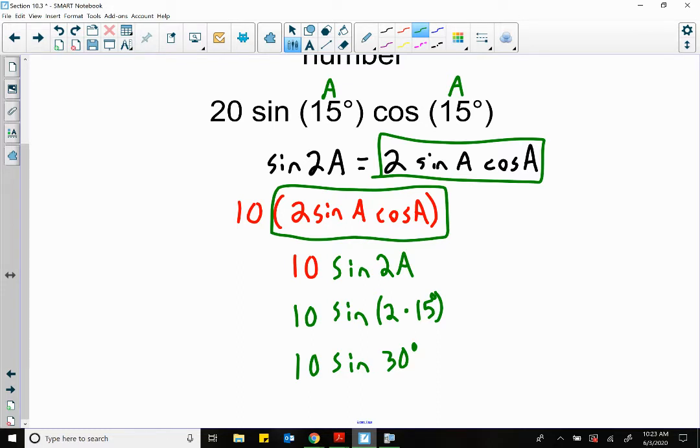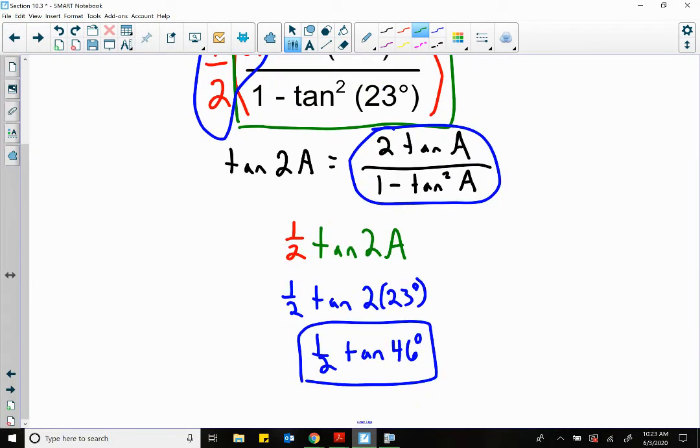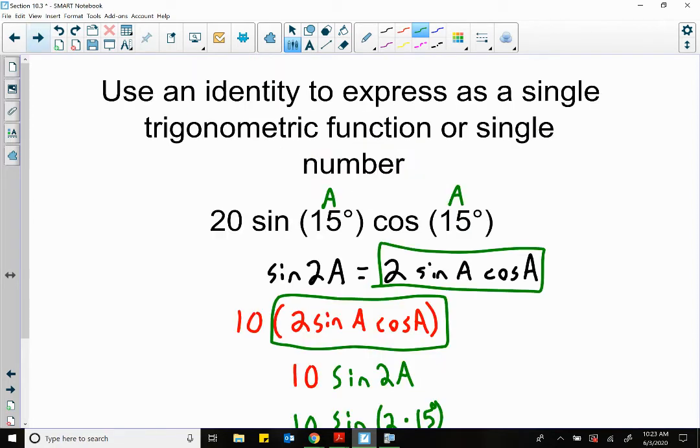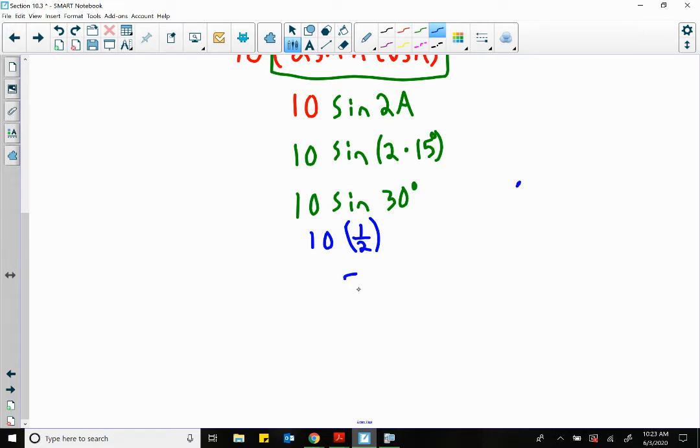So this time they actually want you to figure it out, where before, we didn't know what tangent 46 was, so that's why we stopped. But now we know what sine of 30 degrees is. Sine of 30 degrees is a half. So all they want to know is what is 10 times a half, which the answer is eventually 5.